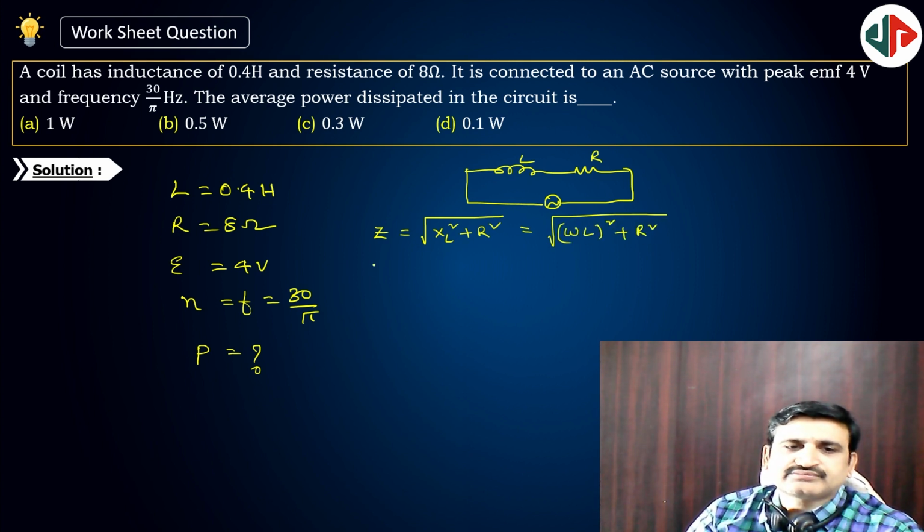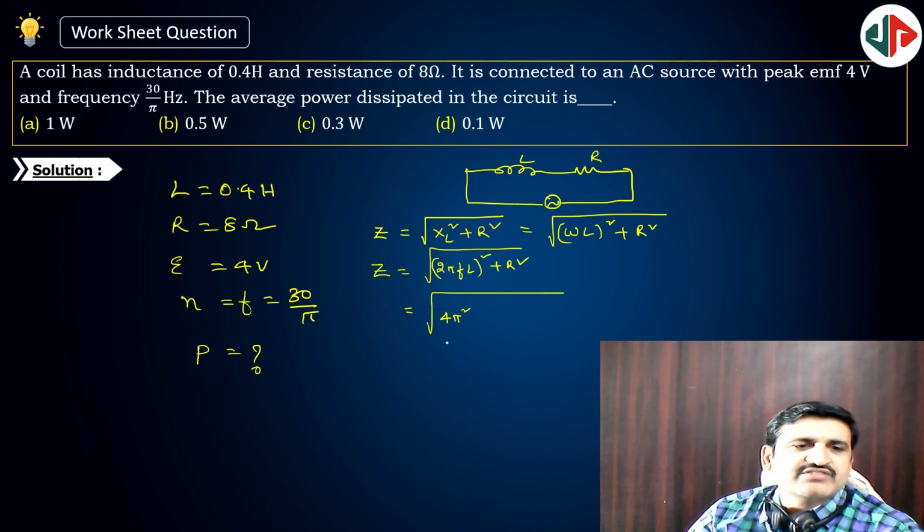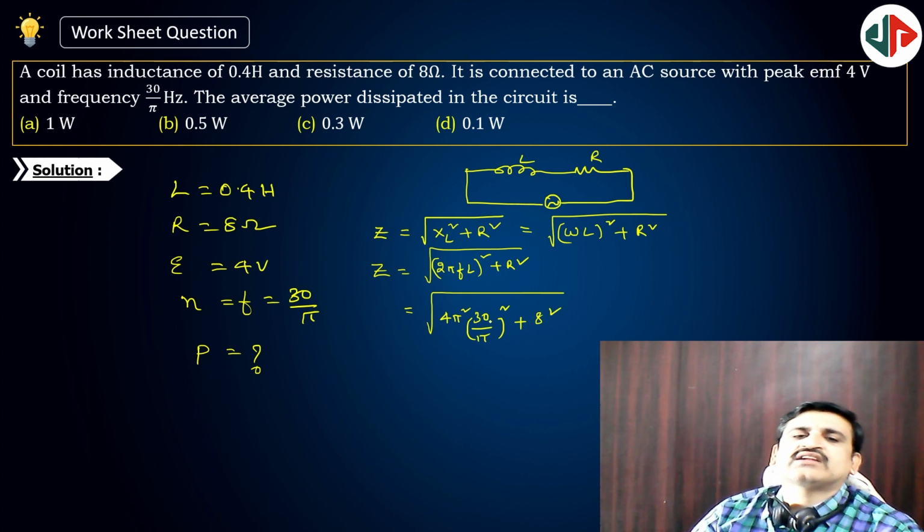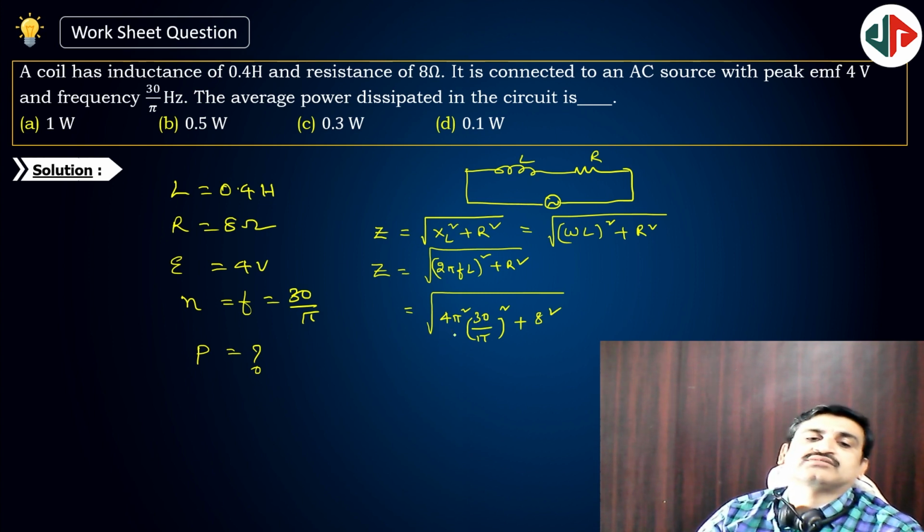Z is equal to square root of 2 pi f L square plus R square, that is equal to square root of 4 pi square f square, frequency 30 by pi, 30 by pi square, plus R square. R square is 8 square. Pi square will go, 900, 90 fours are 3600.